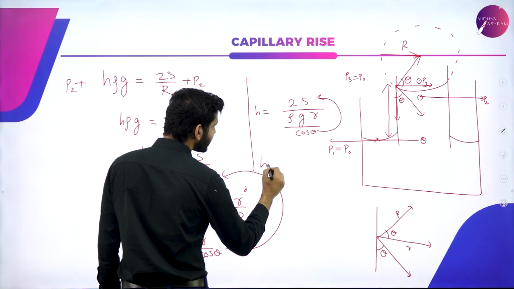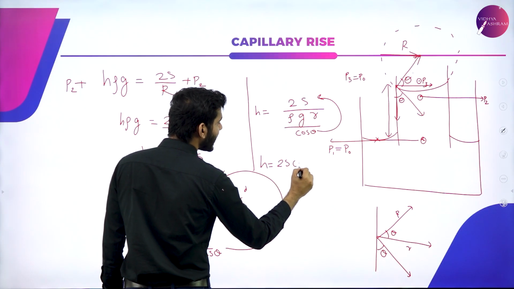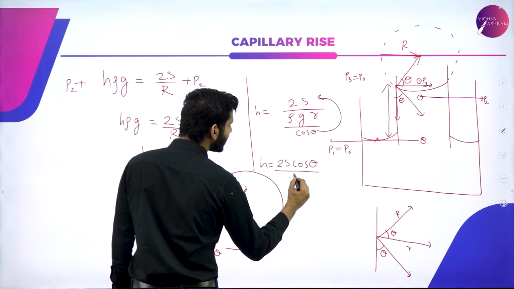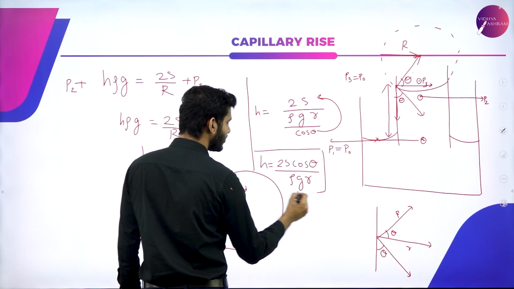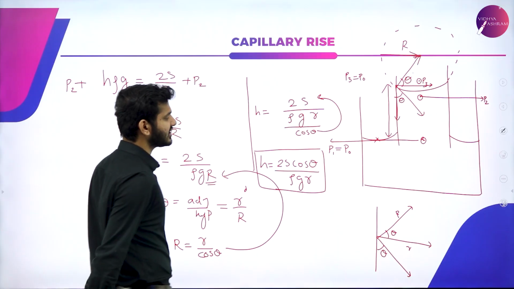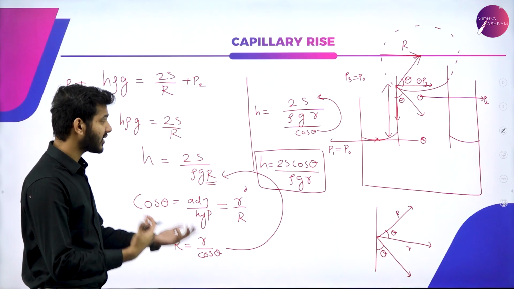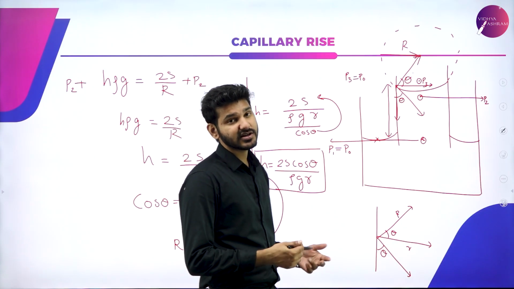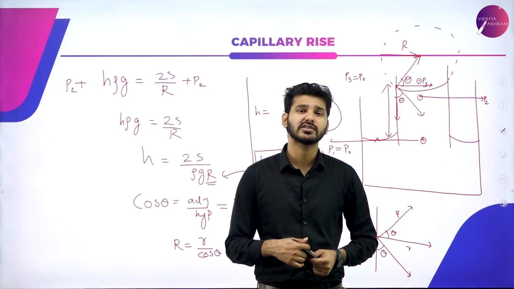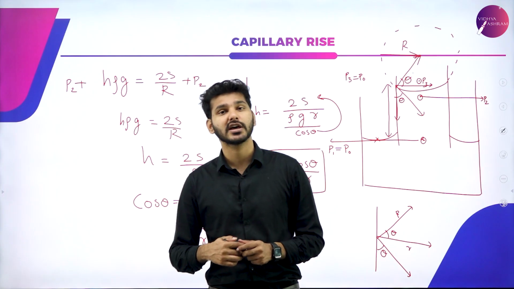So we can write it as h is equal to 2S cos theta divided by rho g r. This equation will help us find the height of that water column. And with this, we finish the derivation for capillary rise, and this entire chapter.